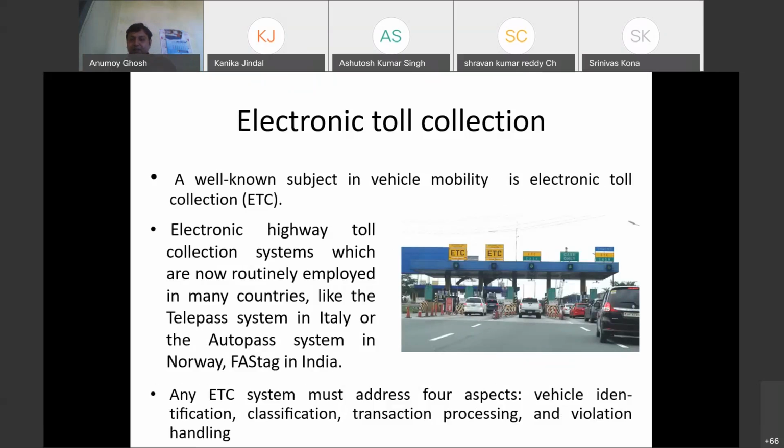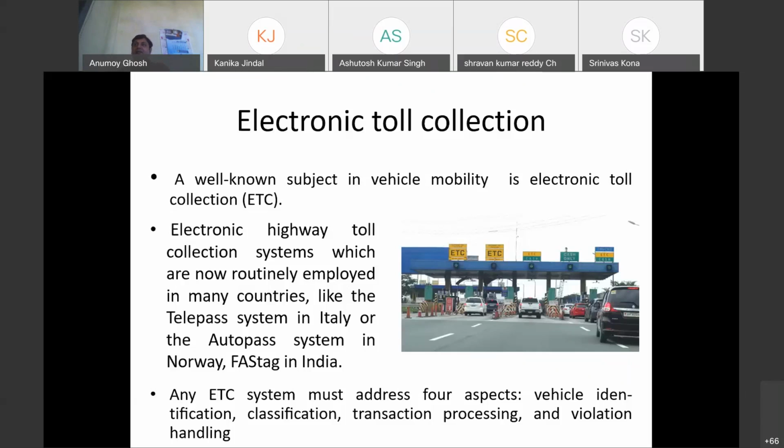Whenever the white car passes through this, the reader and the tag will communicate, and the reader is connected to some base station server. The tag is a kind of RFID system with a semiconductor chip which has some memory, and in the memory we will have the vehicle identification, all the registration numbers, and its classification, because a car will have a different toll, or a lorry will have a different toll, so the classification will be there, the transaction process will be there, and violation handling. Why violation handling?